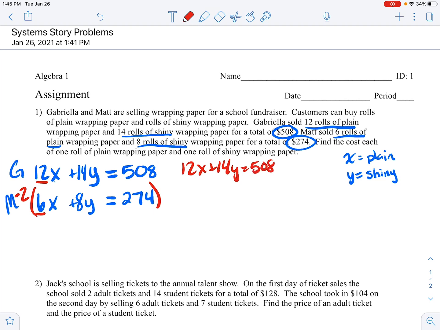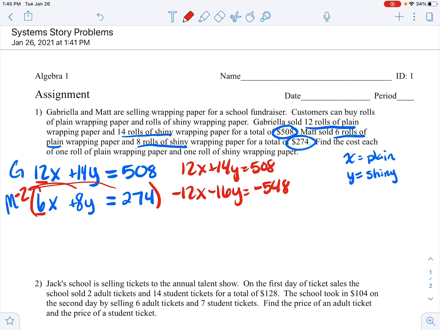And then I'm going to do the bottom one. -2 times 6 is -12x. -2 times 8 would be -16y. And -2 times 274 would be -548.